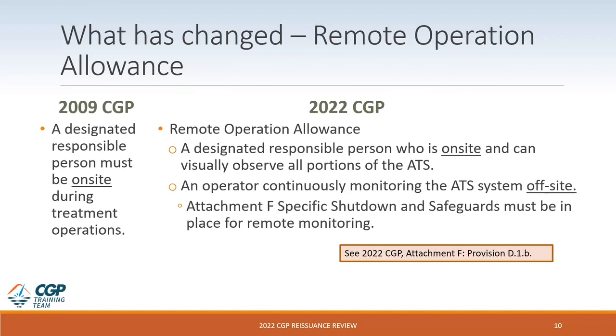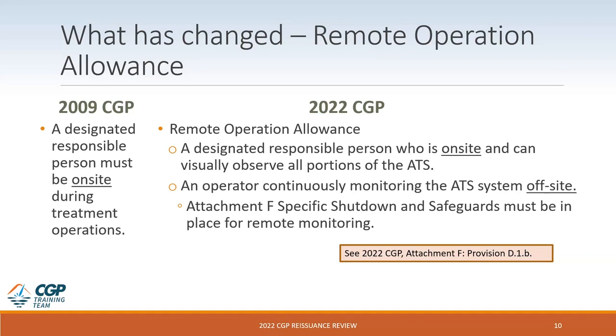Remote operation allowance. So there was no parameter available in the 2009 permit to allow remote operation. The designated person had to be on site the entire time the system was discharging. So the 2022 permit allows for remote operation.